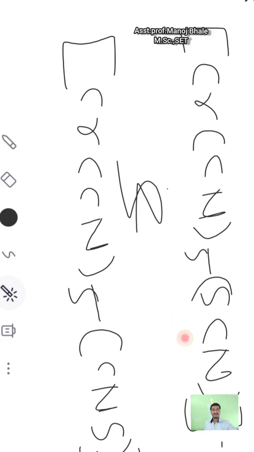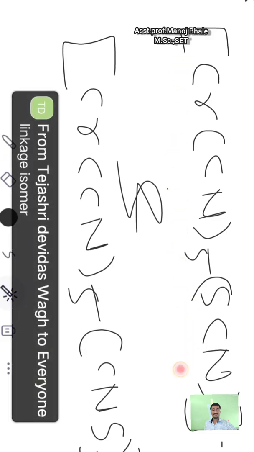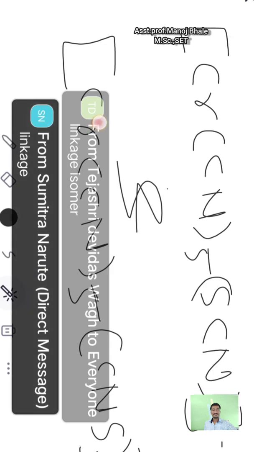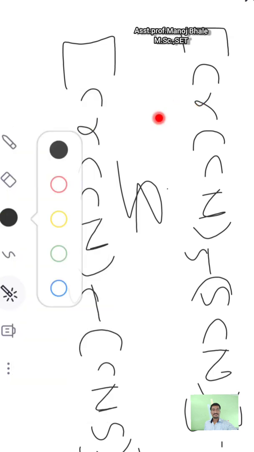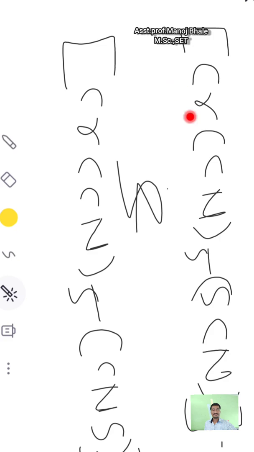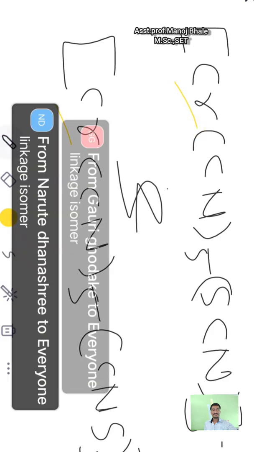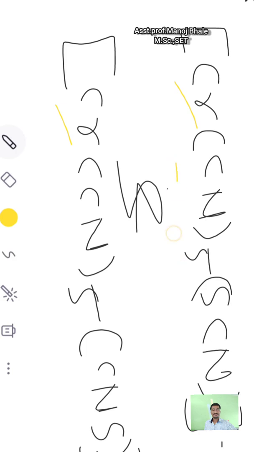Why is this the linkage isomer? In between these two examples, you can observe there is a chromium. Okay, what is the difference between these structures? In the first structure, there is a chromium which is present there. There is also chromium in the second. There are 5 cyanide.